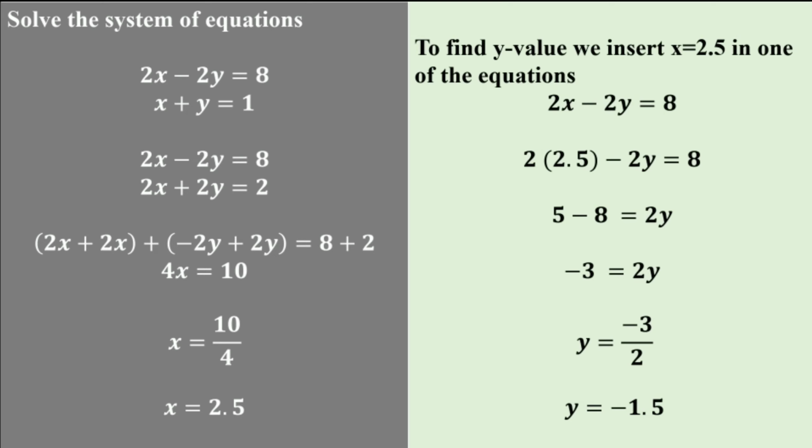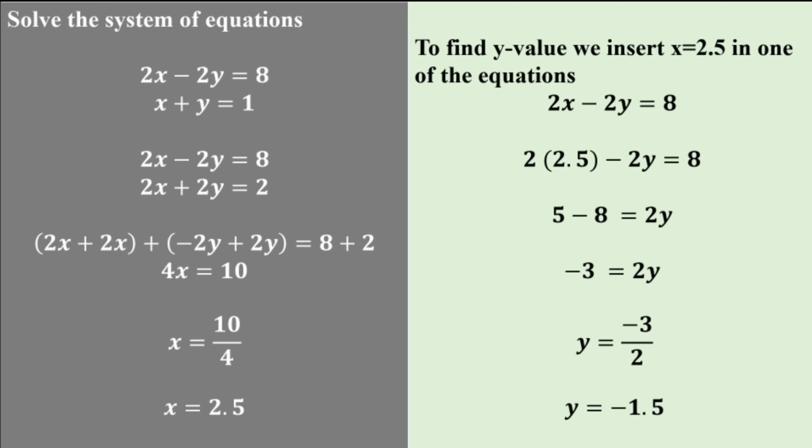The elimination method requires us to add or subtract the equations in order to eliminate either x or y. Often one may not proceed with addition directly without first multiplying either the first or second equation by some value. For example, solve the system 2x minus 2y is equal to 8, x plus y is equal to 1.